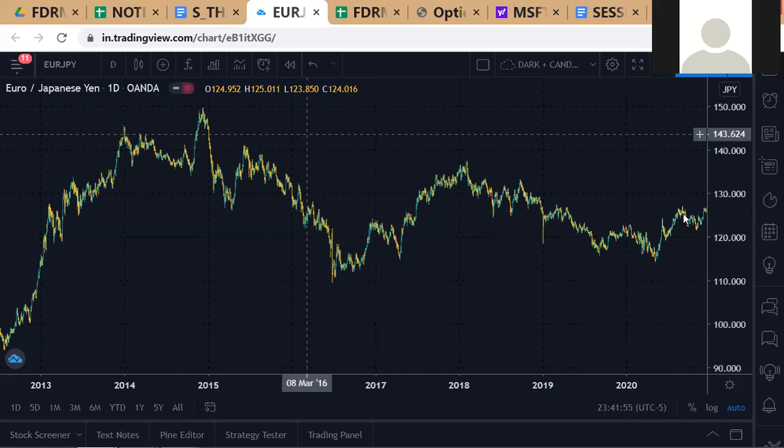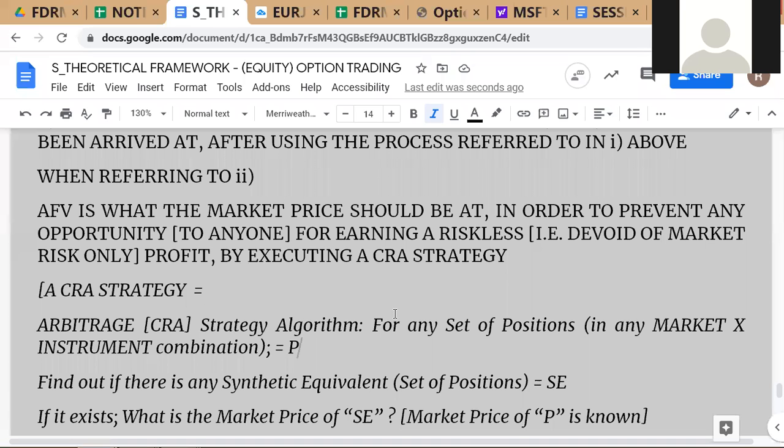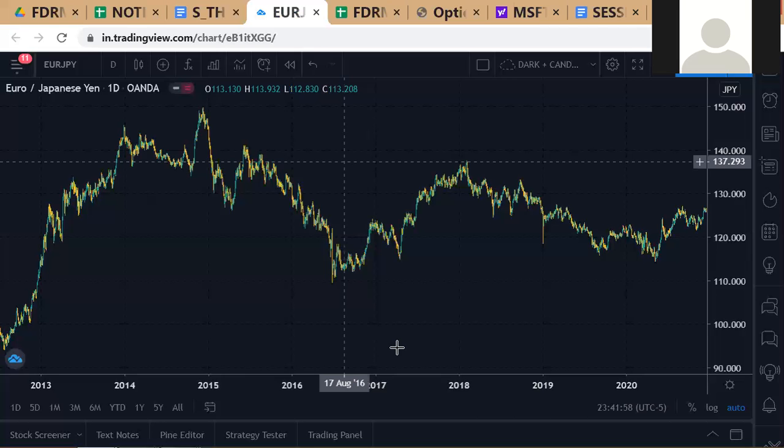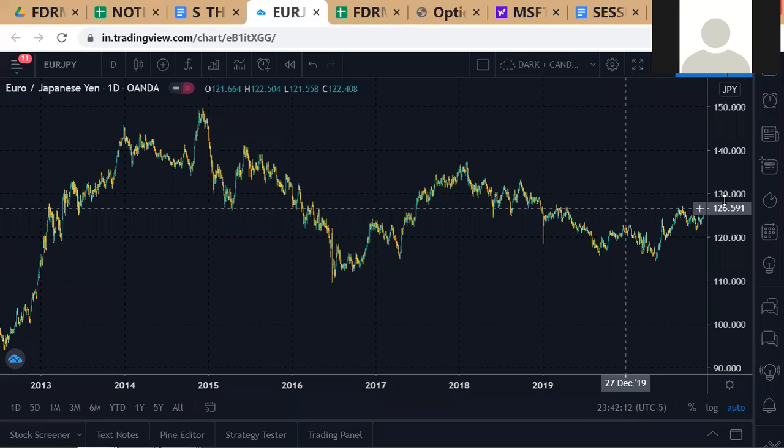So in the case of a CRA strategy, you look at the market price of this. We're just giving this example to understand the concept, but the logic will be the same for any market, any asset class.